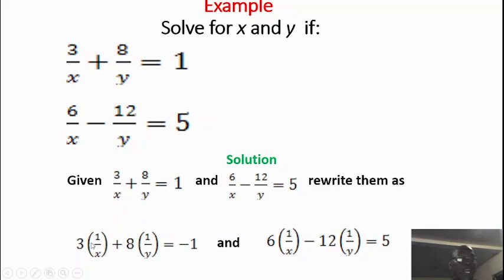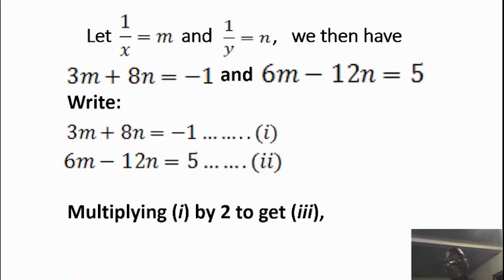Instead of 3 over x, we say 3 multiplying 1 over x. Instead of 8 over y, we say 8 multiplying 1 over y. We do the same thing here, which reads 6 multiplying 1 over x and 12 multiplying 1 over y. This also means the original thing given, so that we can simplify our work.